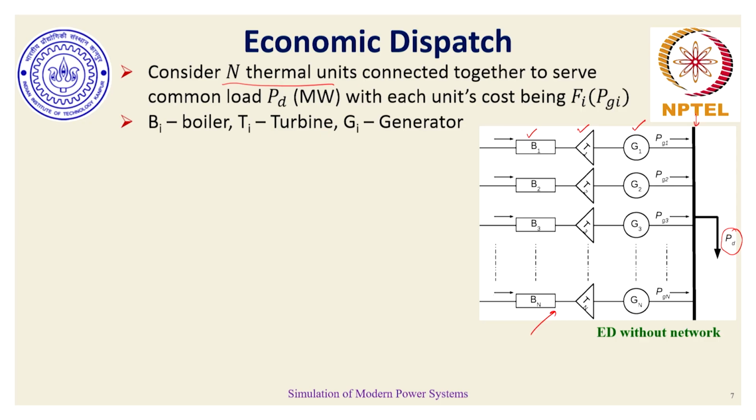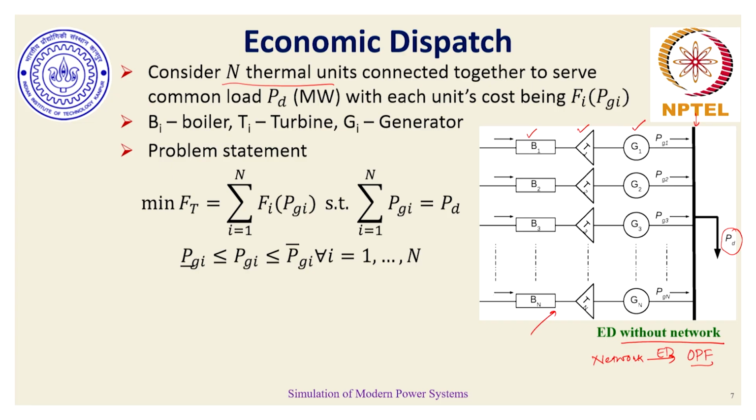That means there is no power network involved, which is what is referred to as ED without network. If I had a network present, then the same economic dispatch exercise gets extended to something known as OPF, also known as optimal power flow. We will also discuss optimal power flow briefly in the next module on contingency and security analysis.